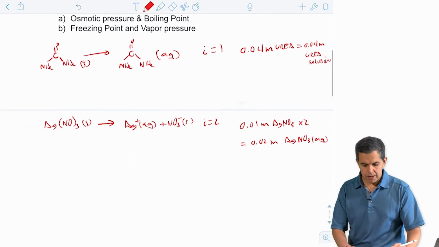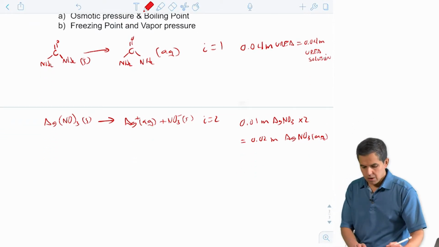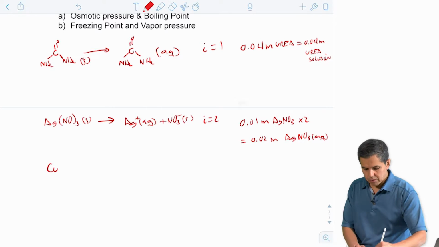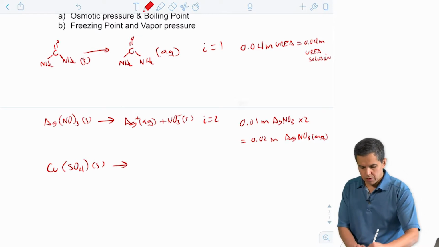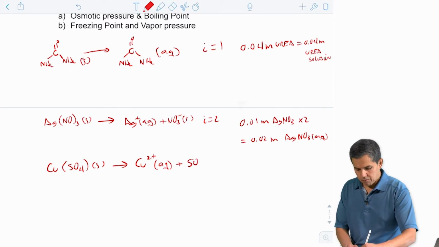And the third one is copper sulfate, another salt. When it's brought into solution, it gives Cu2+ aqueous plus SO4 2- aqueous. i equals 2.